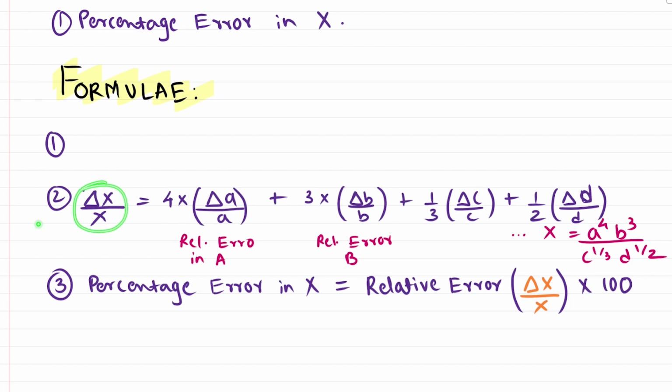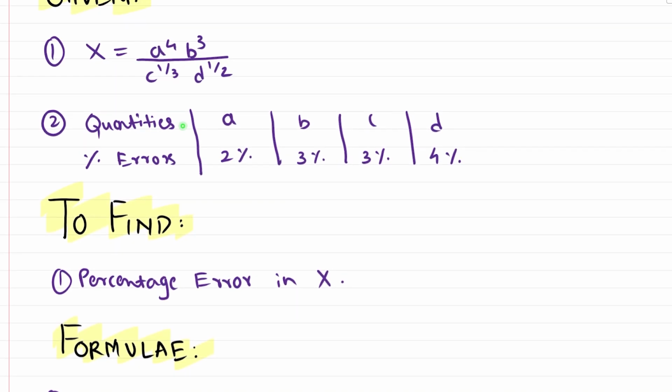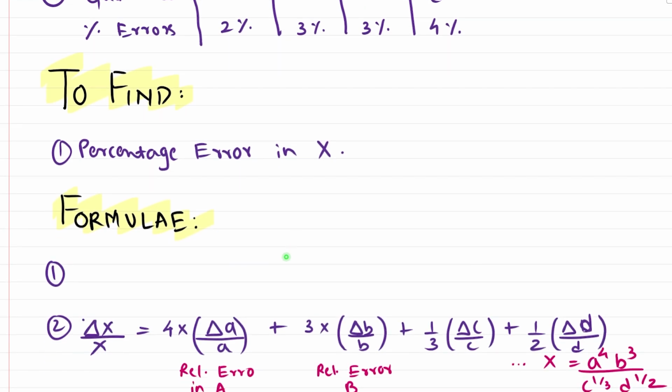Now the problem is that to find the relative error in X, we first need to know the relative error in A, B, C and D, because in the given data relative errors are not provided, we are given percentage errors. So now we need to figure out a way to calculate relative errors for each of these quantities using their percentage errors.